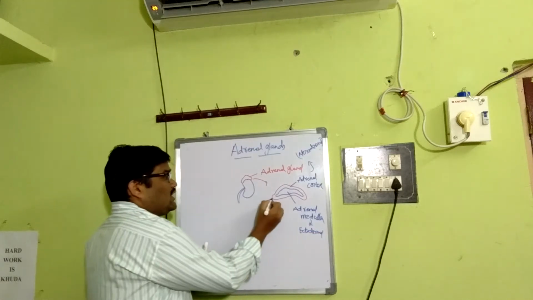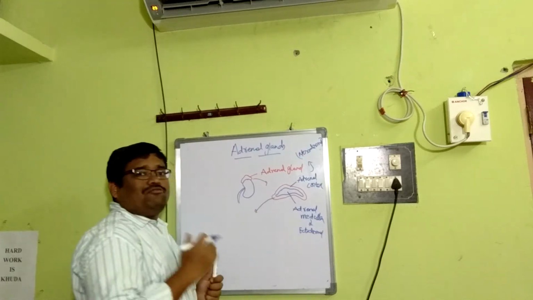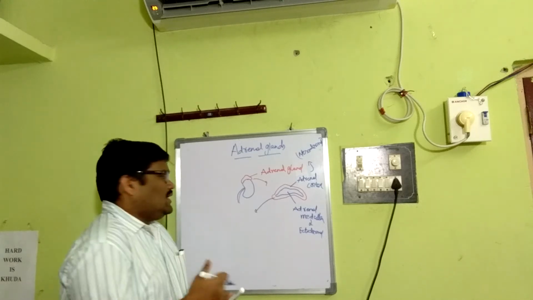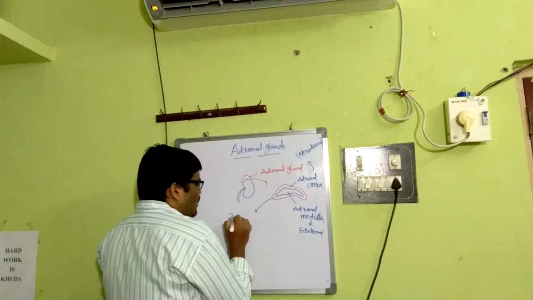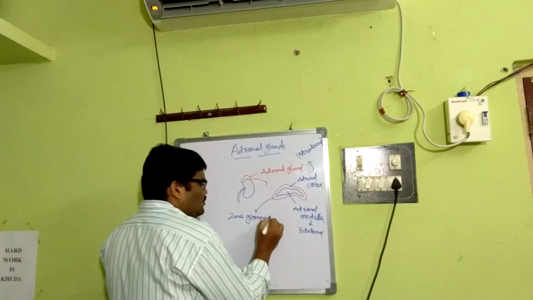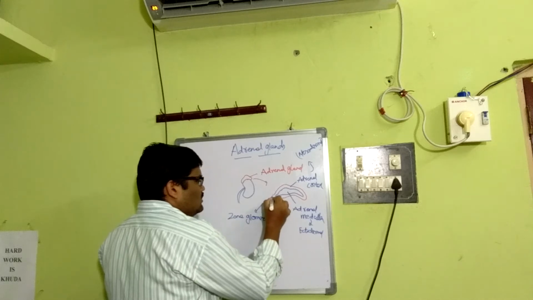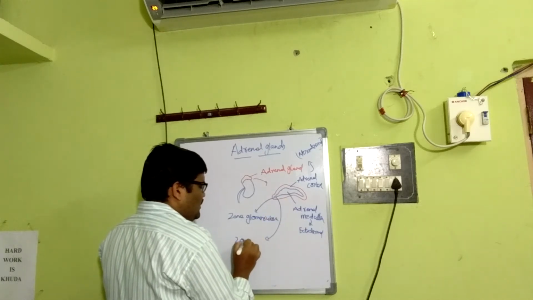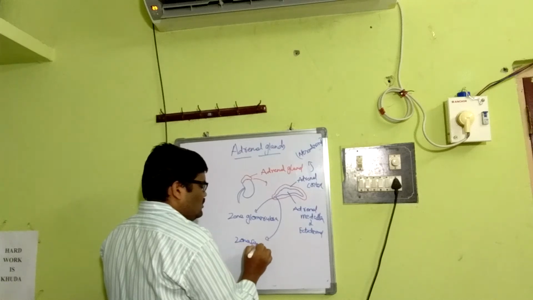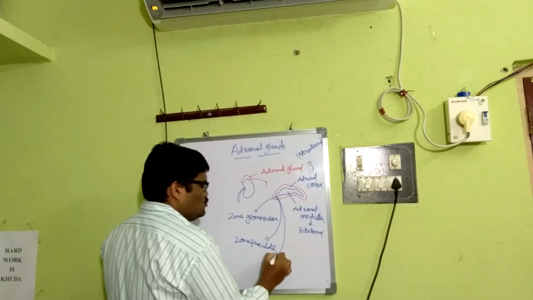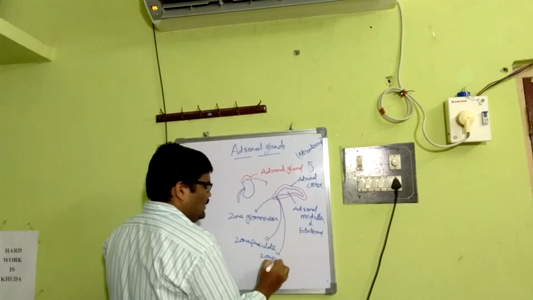And this adrenal cortex is complex. It is again differentiated into three zones. Say for instance, zona glomerulosa, the first layer, then zona fasciculata, then the last one, zona reticularis.